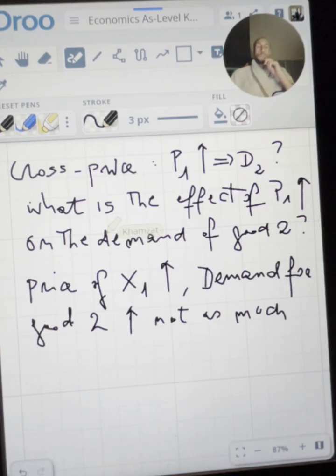Going back to the table of goods, if the price of one good increases, the demand of the second one also increases. What happens if Samsung's new phone costs 10K? Everyone buys Apple, so the demand for Apple goes up. Samsung and Apple, yes, substitutes.